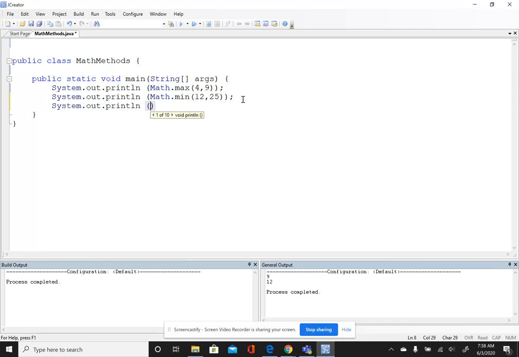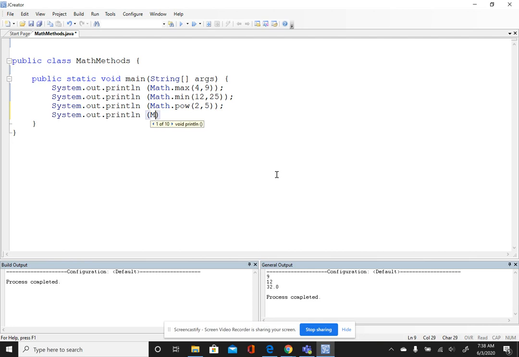Also, we can use power. Math.pow 2, 5. That means 2 to the power of 5, so it should be 32. And this method returns double, which means whatever answer you have is a double, as you can see, 32.0.